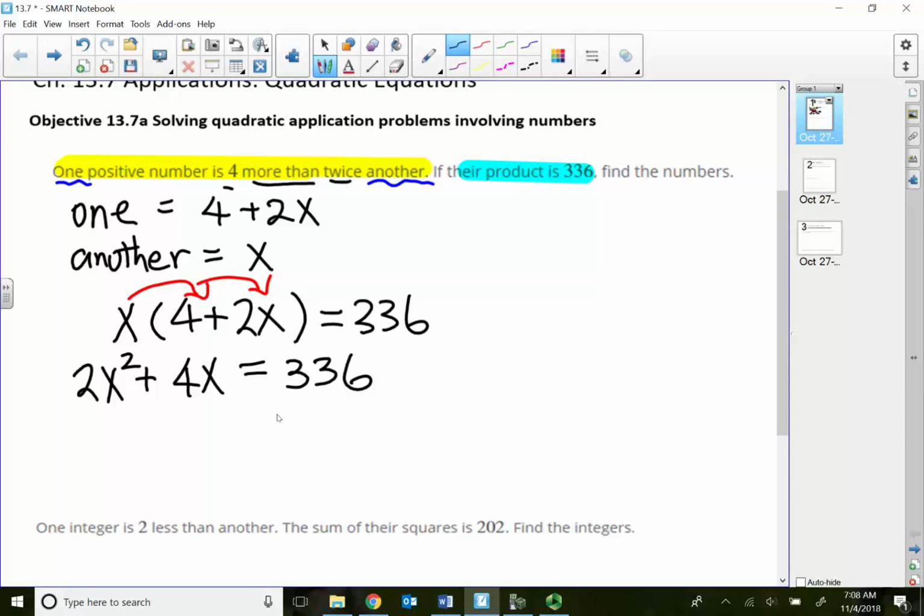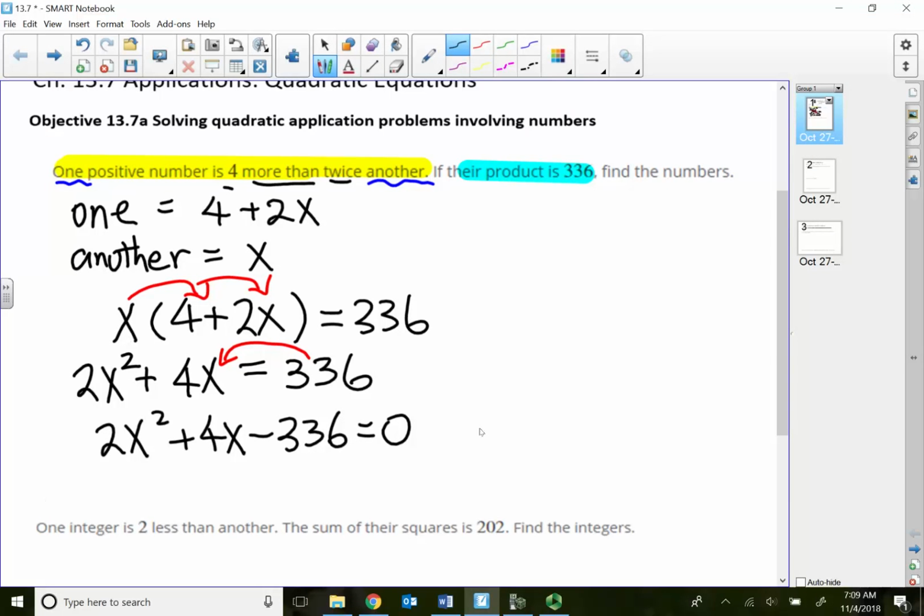All right, step number 3, combine like terms if I have any, so I don't. Step number 4, let's move all the terms to the same side. Let the other side equal 0. So I'm going to move this 336 to the left side. So that gives me 2x squared plus 4x minus 336 equal to 0.